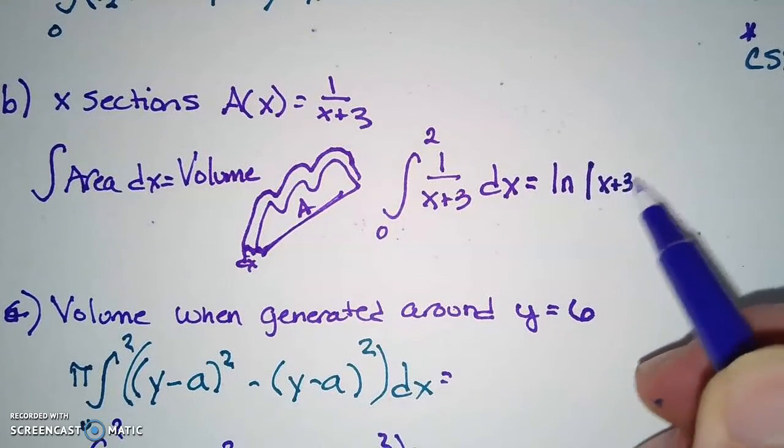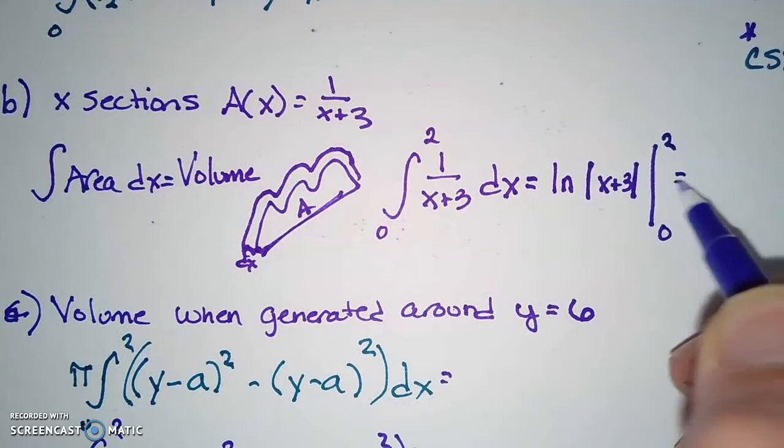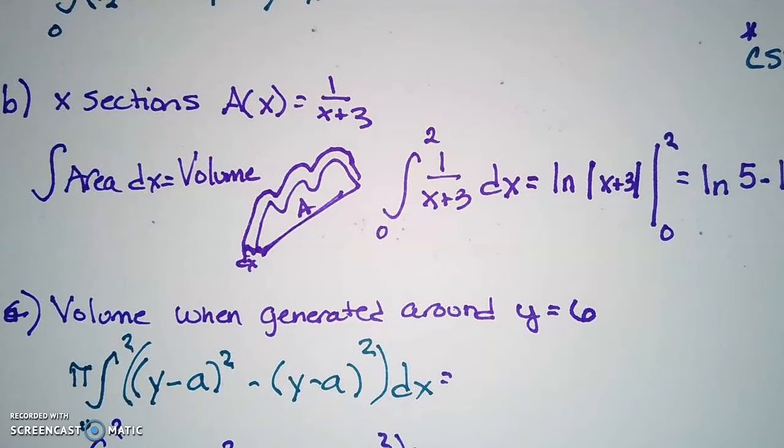So ln of x plus 3 from 0 to 2 should be ln of 5 minus ln of 3, which would be the right answer for this one right here.